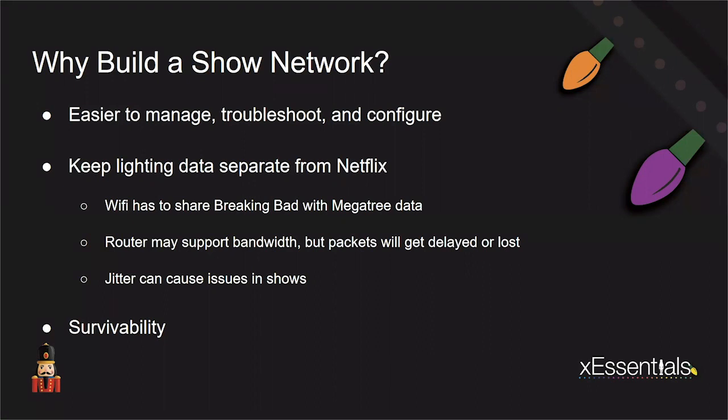So our show's out in the middle of the woods. I lose my internet connection all the time. The first thing my cable modem does when it loses its connection to Time Warner is it automatically reboots. Well, if I'm running my show off that, now my whole show network just rebooted and went offline.